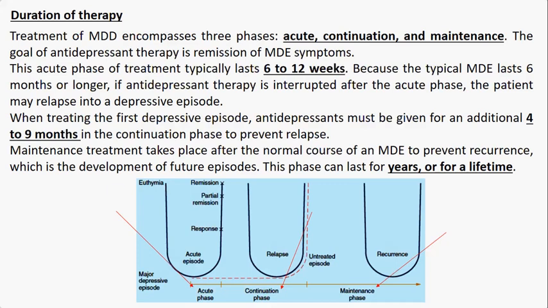Of course, students, regarding these three phases, all patients must receive the acute and continuation treatment, but not all patients require maintenance treatment, because not all patients experience multiple major depressive episodes.